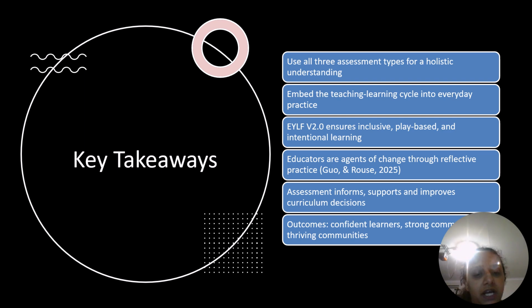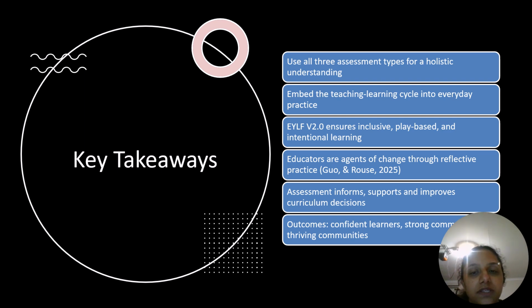In summary, assessment and the teaching learning cycle are essential for planning high quality early childhood education. The EYLF V2.0 provides a robust framework that supports inclusive, intentional, and responsive practices. As educators, our role involves observing, interpreting, and planning based on evidence and reflection.